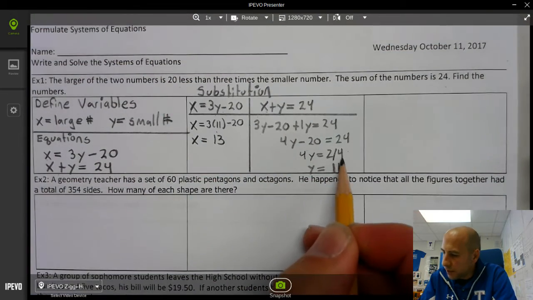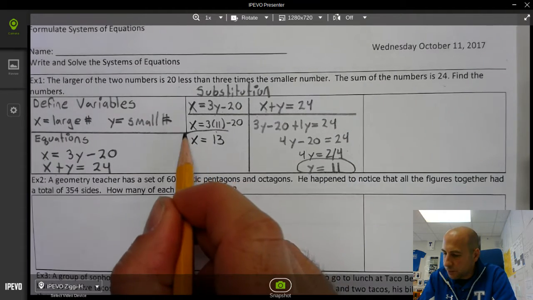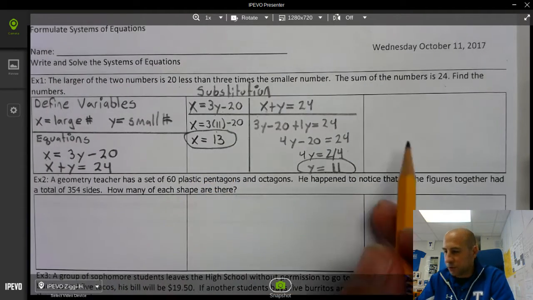Now we're into the last step. Explain the solution in sentence form. So that's what this box is for.